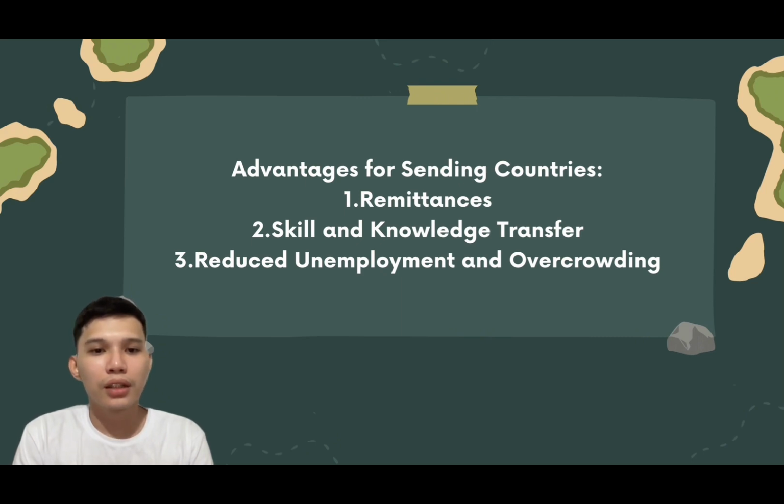This can lead to the transfer of technology, innovation, and best practices, which can benefit the sending country's economy. And next is reduced unemployment and overcrowding. Outward immigration can alleviate pressures on the labor market and reduce overcrowding in sending countries, potentially lowering unemployment rates.